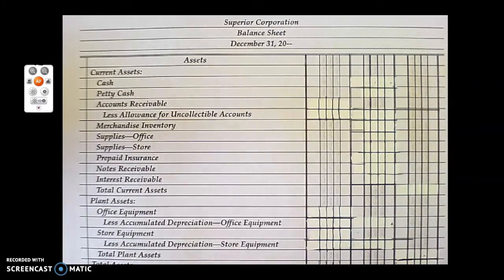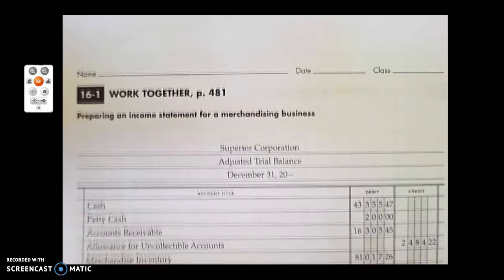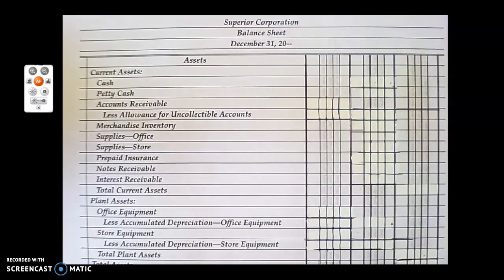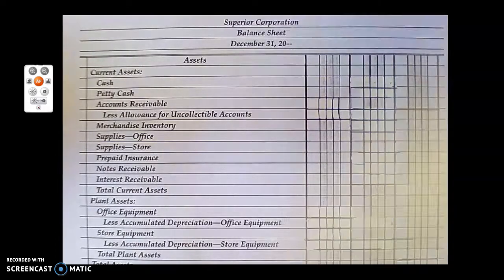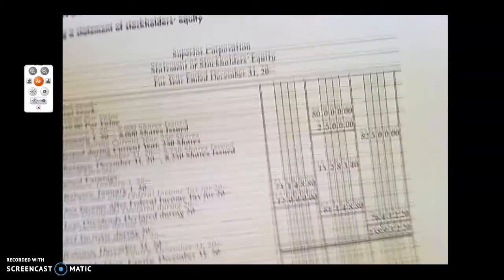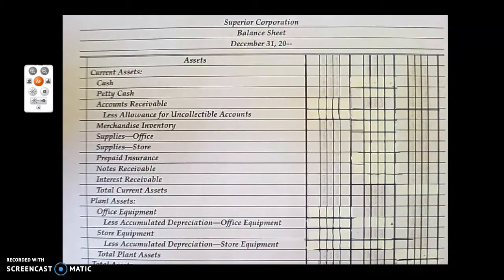To make your balance sheet, you will need your adjusted trial balance from 16-1, and you will also need your statement of stockholders' equity from 16-2. So this is just another time where all of these keep getting added together, where we need more and more papers for a bit here.